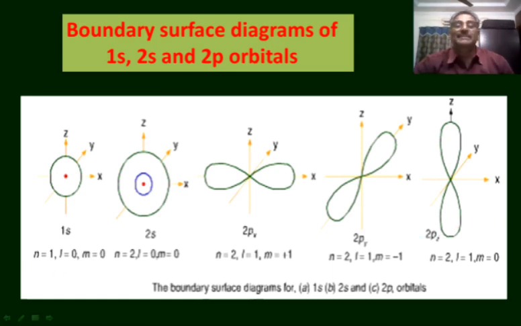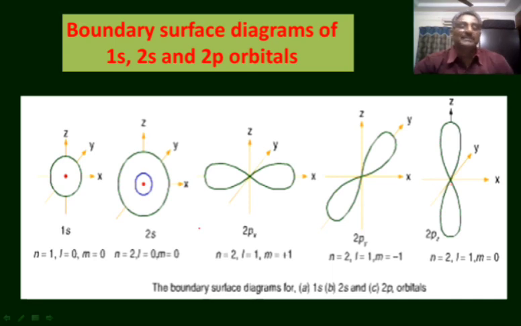These orbitals can be distinguished with quantum numbers. The principal quantum number denotes the size of the orbital. The azimuthal quantum number denotes the shape of the orbital, and the magnetic quantum number denotes the orientation of the orbital, and the spin quantum number represents the spin of the electron in the orbital.